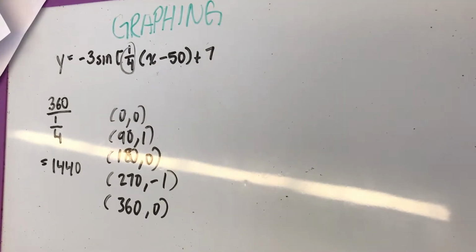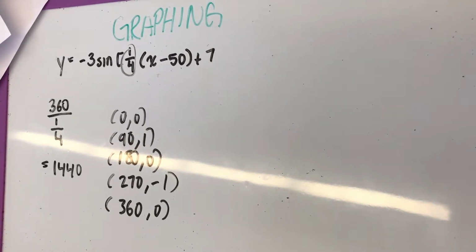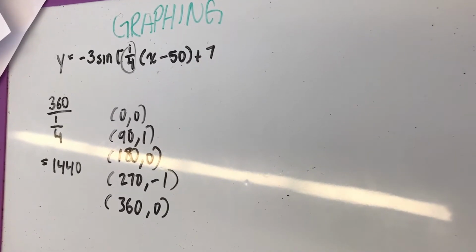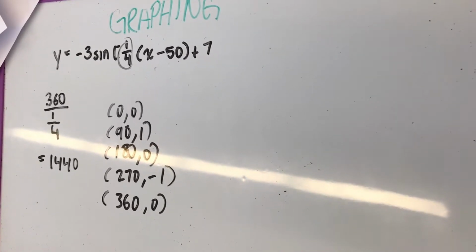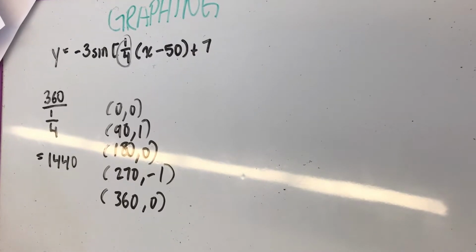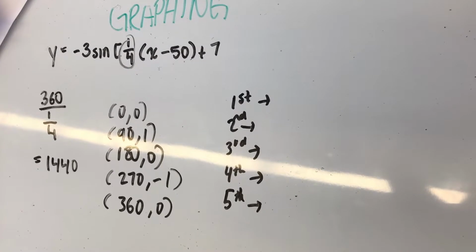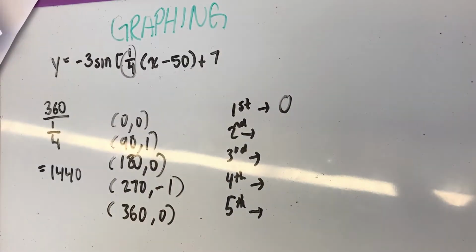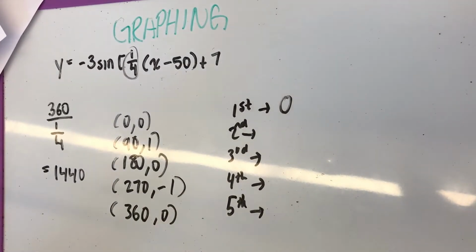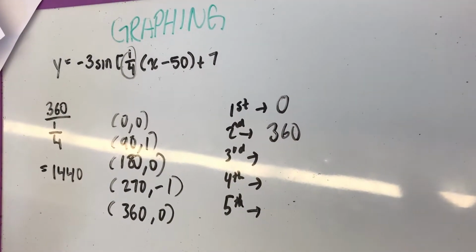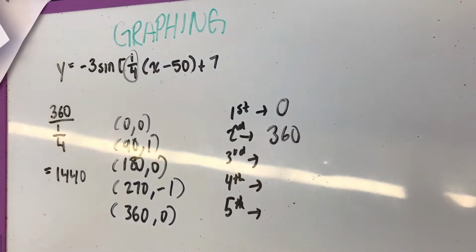In order to find the rest of the x-axis key points, we must divide 1,440, our period, by 4, which is now 360. Now we must continue to add 360 4 more times in order to find the rest of the 5 key points. So our first key point is automatically always going to be 0. Our second key point is 360 because of what we did earlier, which is 1,440 divided by 4.